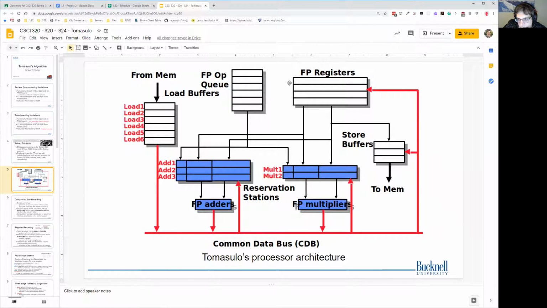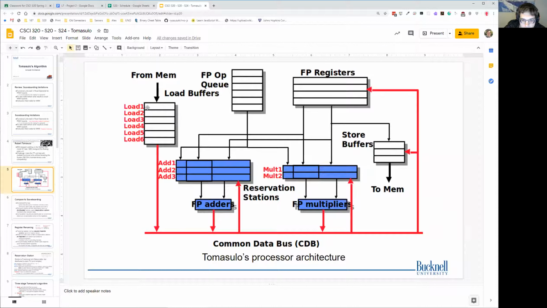We also have a table that keeps track of the register names. And then we have a buffer here, which is used for the memory load. So, because usually we can only do one memory operation at a time, or two per cycle on the negative edge and positive edge.